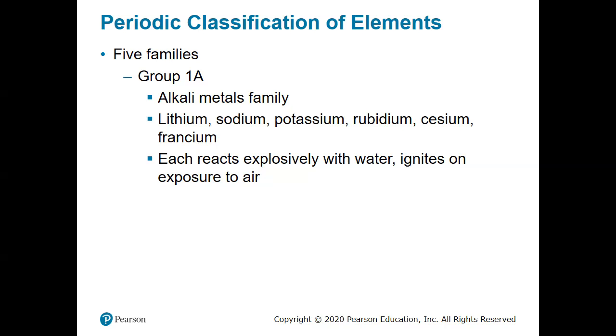Hydrogen is put in that group because it has some similar activity, but it's not actually a metal, it's a gas. We're at least generally including it among the alkali metals.